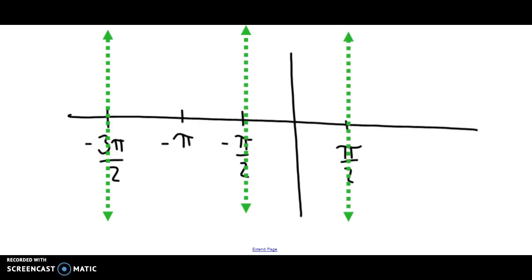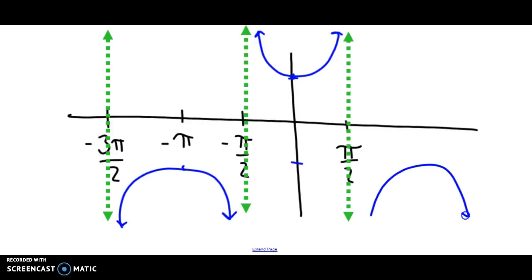At negative pi over 2, my value was negative 1, so it's right here. And at 0, my value is a positive 1. So then, obviously, my graph is just going to be a parabola between these undefined values. And we could continue. You'd see that right here would be my other side, and then right up here would be another parabola going up. So it just alternates between up and down between our parabolas.